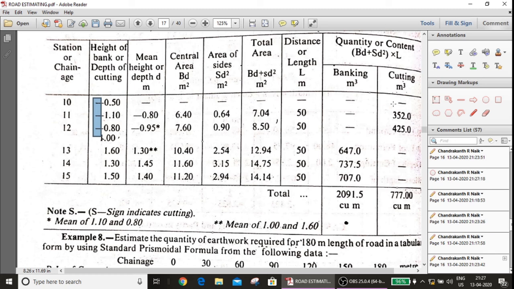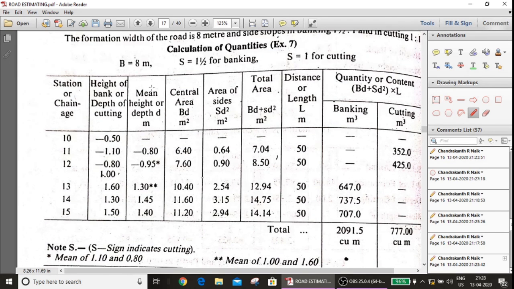So now the mean height, central area. The first value we have to leave blank. Next, what we have to do is 1.10 plus 0.50 divided by 2, 0.80. We have to take the mean. After getting D, we have to multiply with B, that is the formation width, 8 meter.